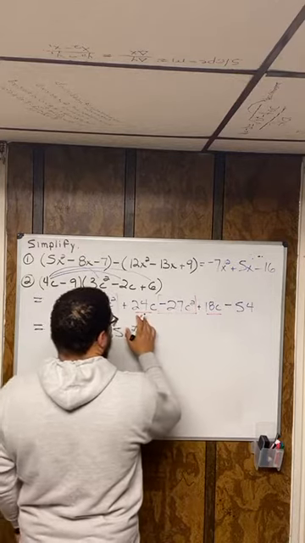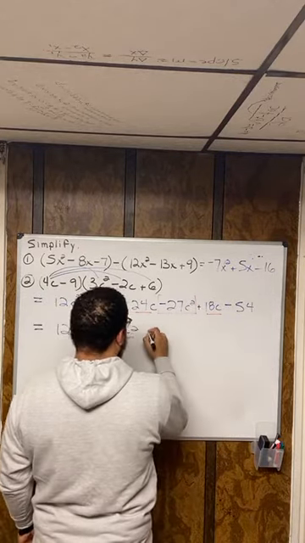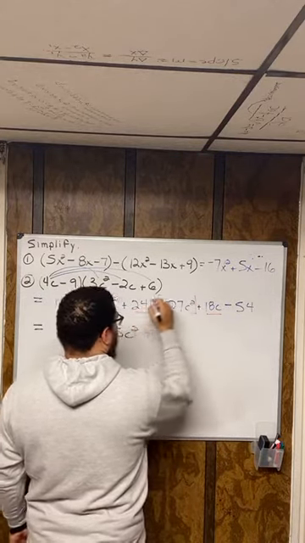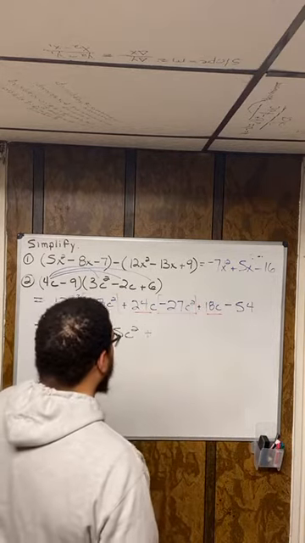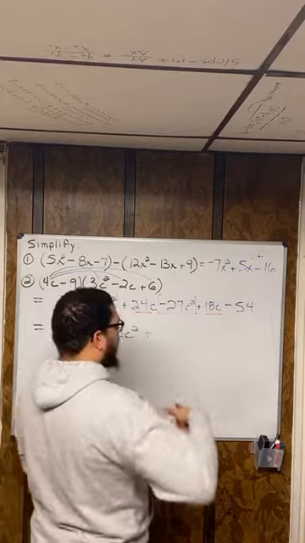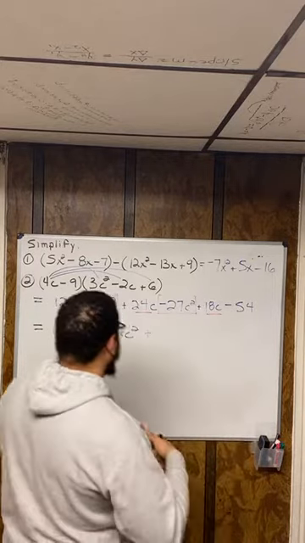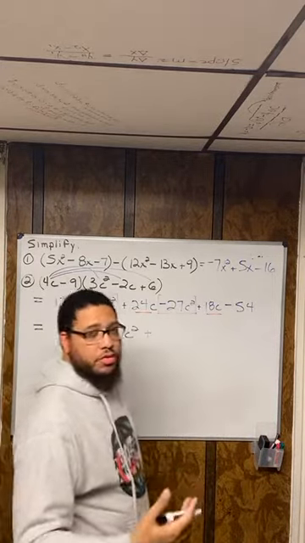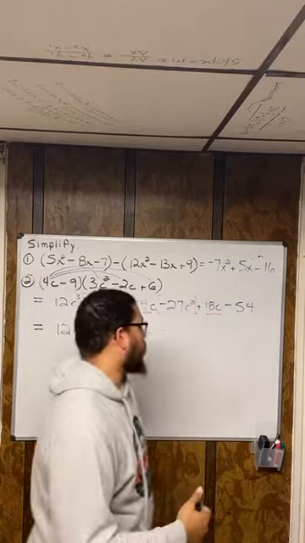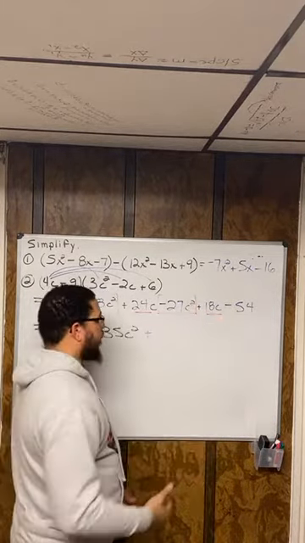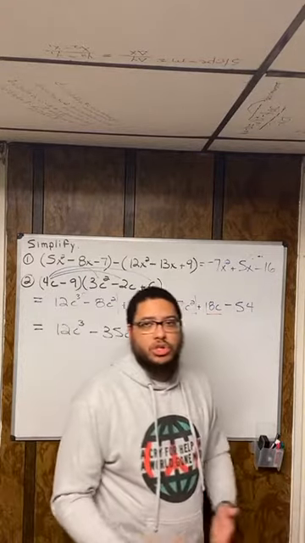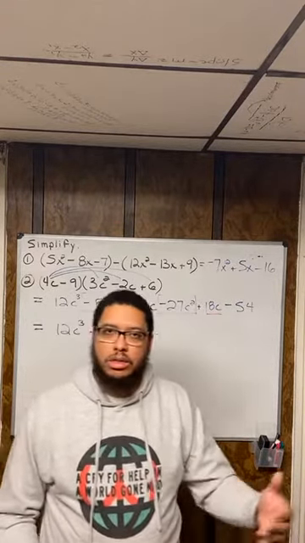You have 24c plus 18c. So we have 24 plus 18. Now, 24 plus 18, I could do 24 plus 20 and then back off 2. 24 plus 20 gives me 44. 44 minus 2 gives me 42, right? I add 20 because 18 is close to 20, and it's easy to add 20 to anything because all you're really doing is adding 10 two times.